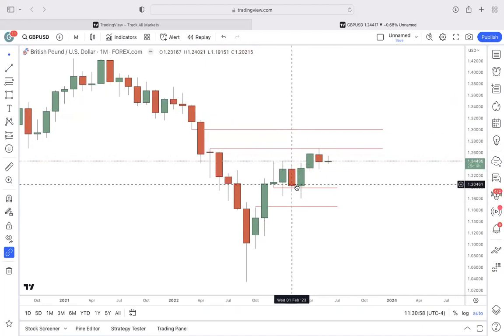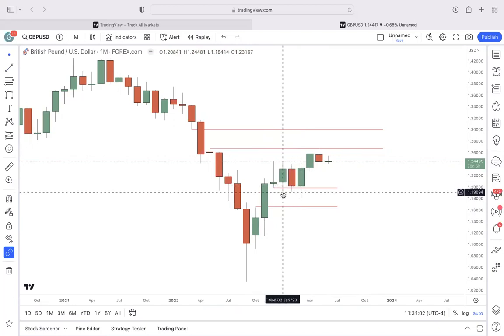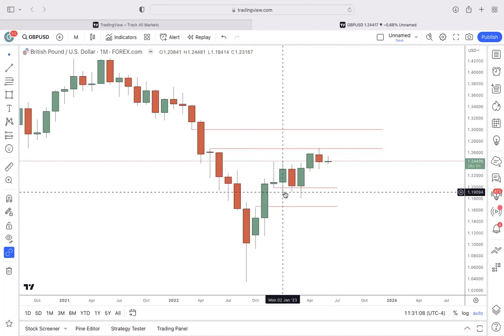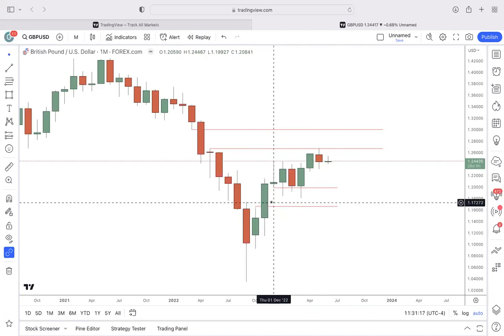But look at the respect of the bodies here, okay? They are respecting. You have to tell yourself in your head that this is not a coincidence, okay? There is sound logic and there's a reason behind this. They're respecting this buy-side imbalance. And then you think back to your PD array matrix. So that PD array matrix is literally the most important thing of ICT logic, okay?